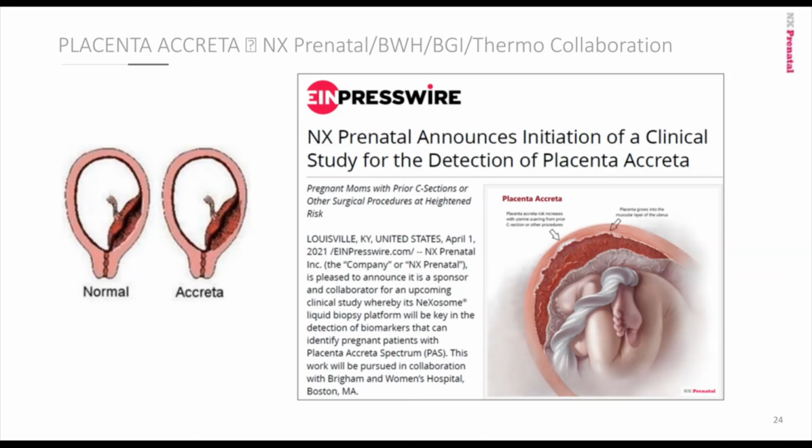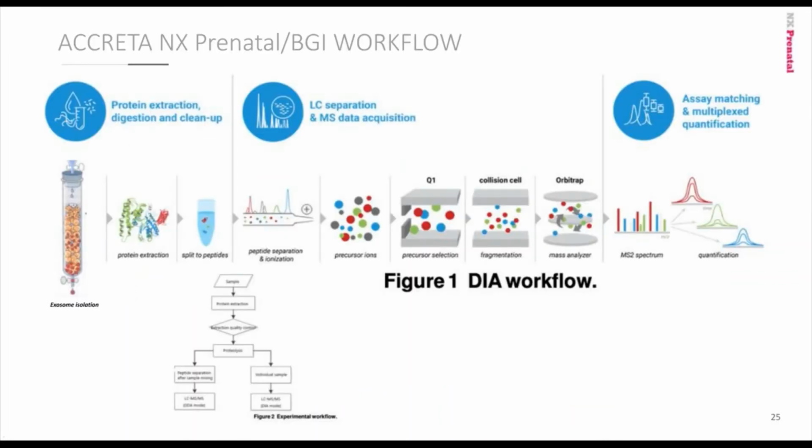The outcomes of such a disease have potentially severe consequences, including massive hemorrhage, unintended hysterectomies, and death. We worked our nexosome isolations into the BGI workflow, which involved both their data-independent and data-dependent acquisition processes. The idea was to create accreta versus normal libraries and use those for IDs during the profiling of the particulate samples.